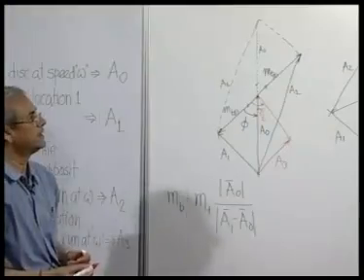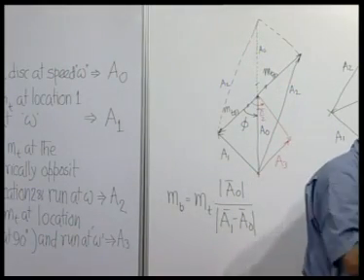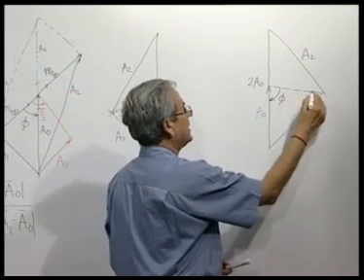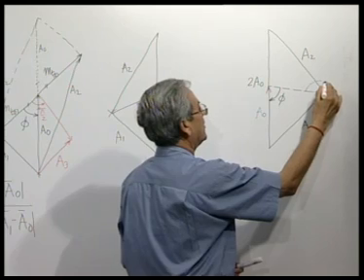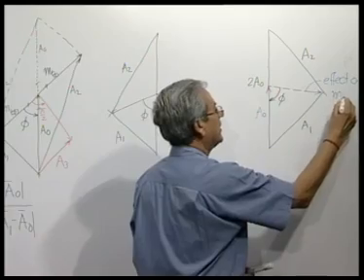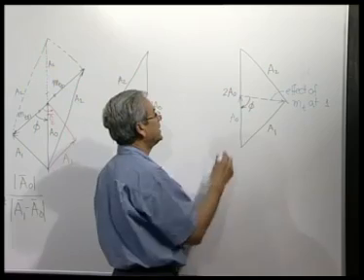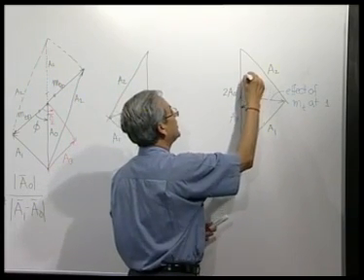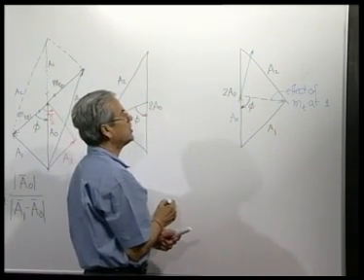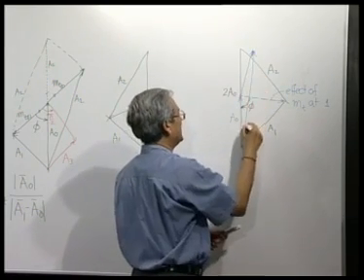On the other hand, if this is the situation, this is the original effect A0 and this is the effect of MT at location 1, then if you rotate this by 90 degrees in the anti-clockwise direction, this would have been the effect of the trial mass in position 3 and your A3 would have been this.